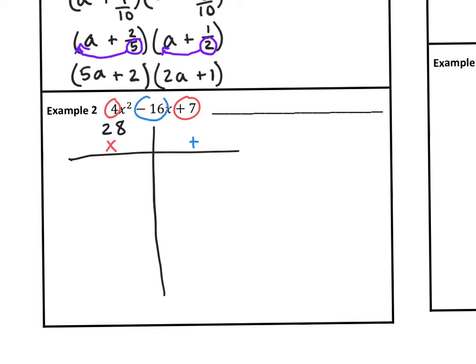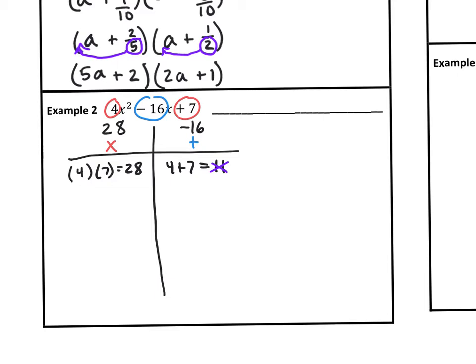And the number in the middle is negative 16. Well, I can try the first combo that we did. 4 times 7 is 28, but 4 plus 7 is 11. That's not the number that I want. So can we think of a combination that will work?